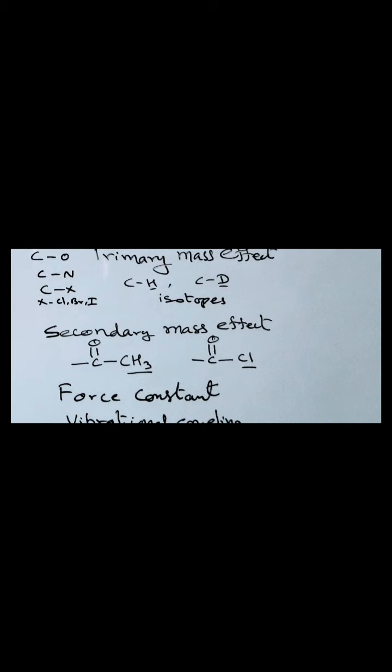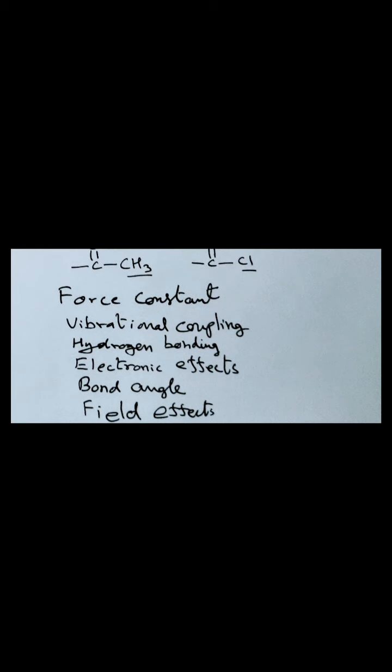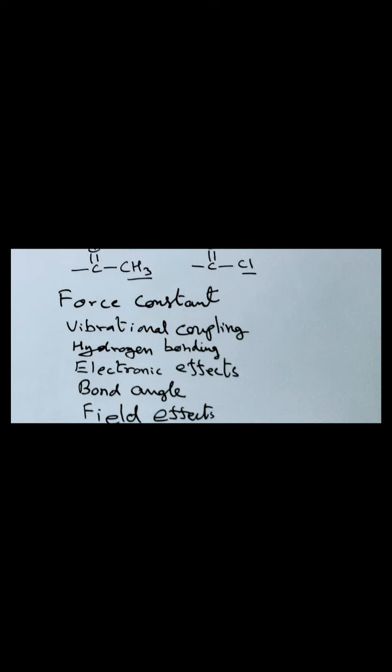Let us move to the next parameter, the force constant, K. I told you that the force constant K is a measure of the strength of the chemical bond. We have single bonds, carbon-hydrogen and carbon-carbon single bonds, which are sigma bonds.